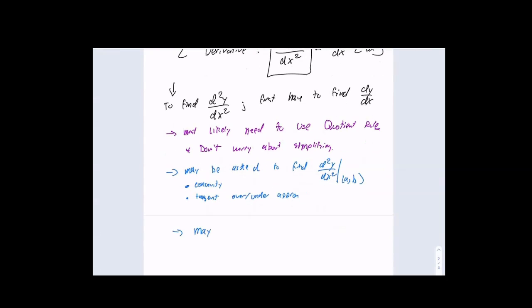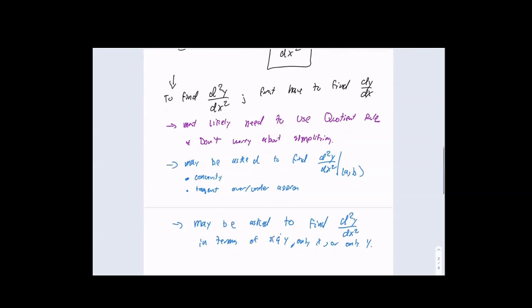Or, and it's the last part before I'll break for you to write, you may be asked to find the second derivative in terms of x and y, only x, or only y.